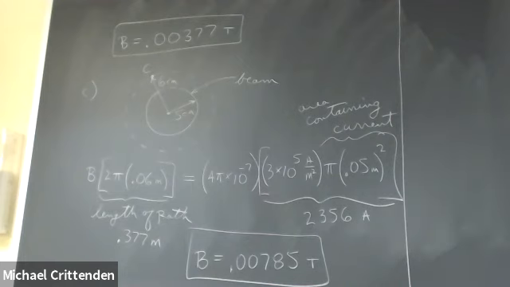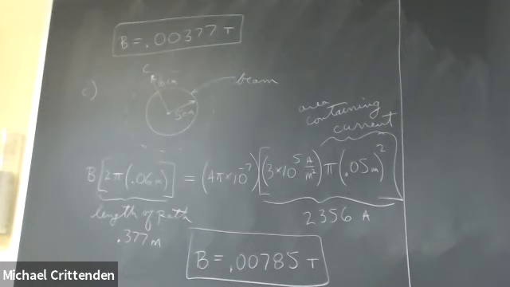Okay, now you've unpaused it, and I will go over number 4. It's kind of similar to number 3 in that, once again, you've got cylindrical symmetry for the shape of the current here.